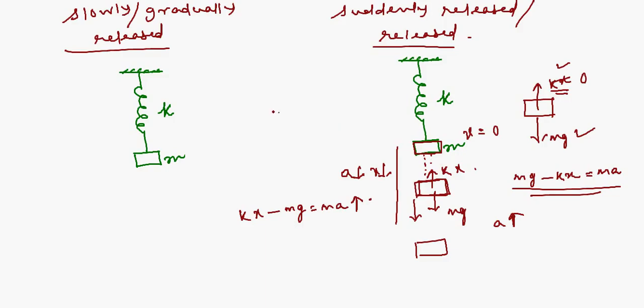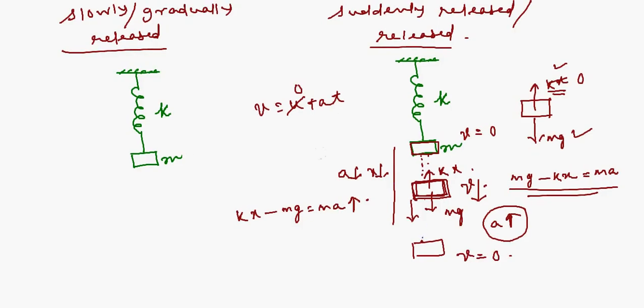Its velocity goes on increasing following u plus at, u being 0. At this point, it has some velocity, let's say v, and after that this velocity goes on decreasing because of this acceleration which is in the opposite direction, and finally the velocity becomes 0.